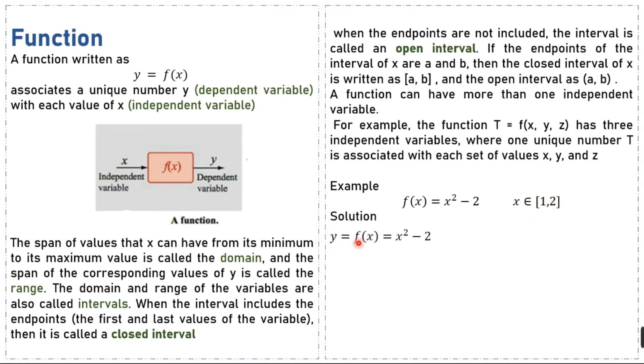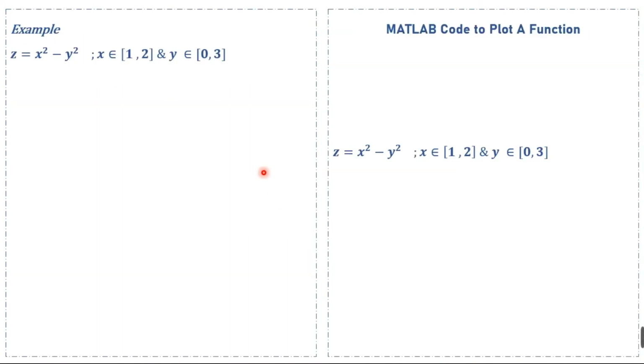So the solution: we can write the function y is equal to f of x, that is x square minus 2, and we evaluate the value of the function at the end points of the interval, at 1 and at 2. At 2 it is 2, and at 1 it is equal to minus 1.